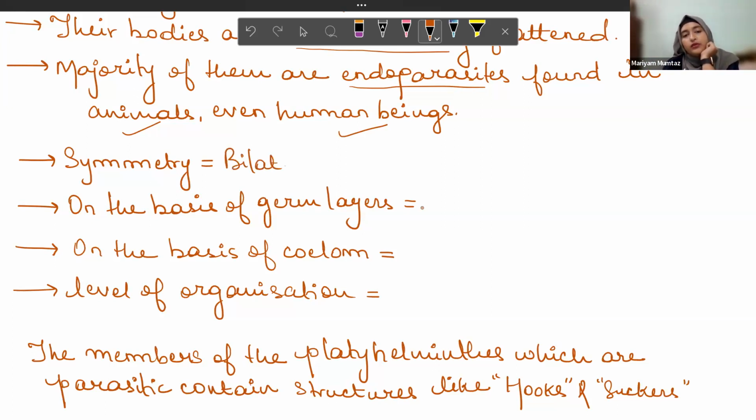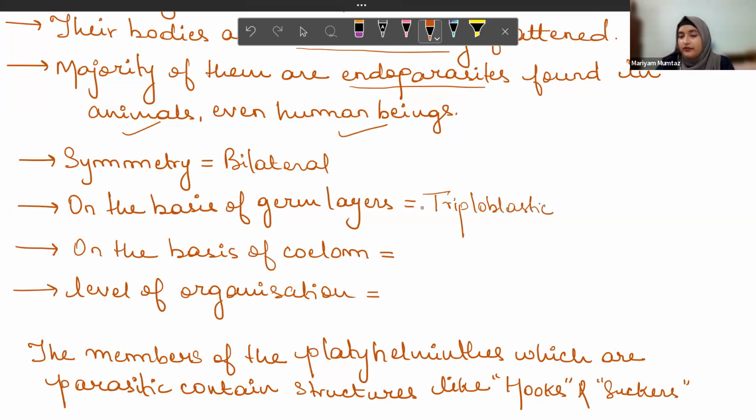Now, on the basis of germ layers, do you remember how many germ layers were present in the Platyhelminthes? Was it diploblastic or triploblastic? It is triploblastic, right. Meaning three layers are there. Now see, the organism is evolving. Three germ layers are there.